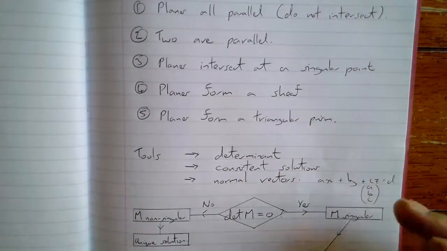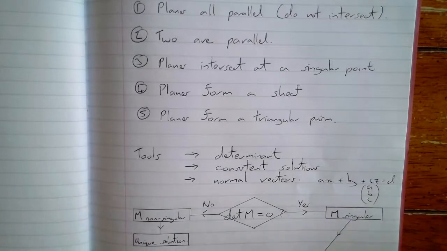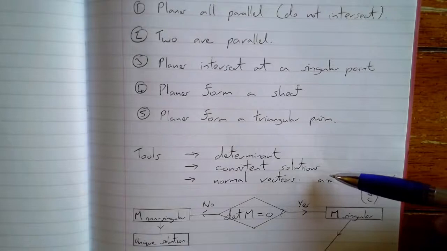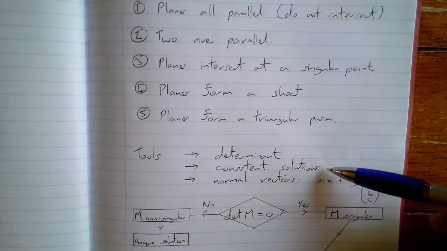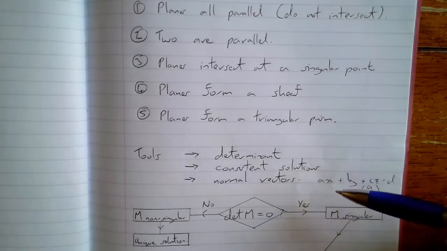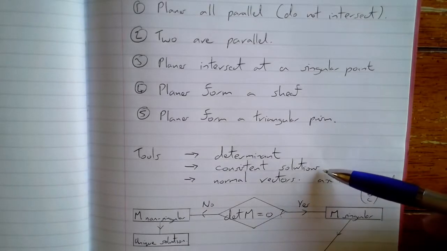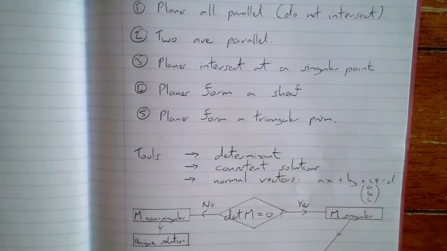In other words, if they were consistent, then a point existed that solved the equations. So in terms of this, we're looking for consistent solutions. In other words, is there something that solves the equations, be it a point or a line of points?